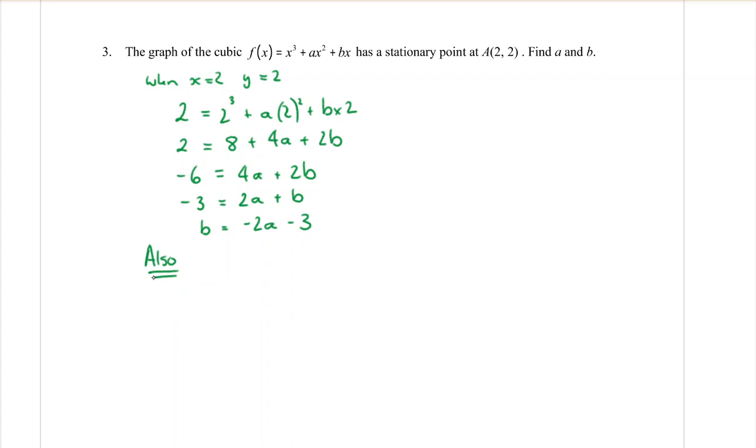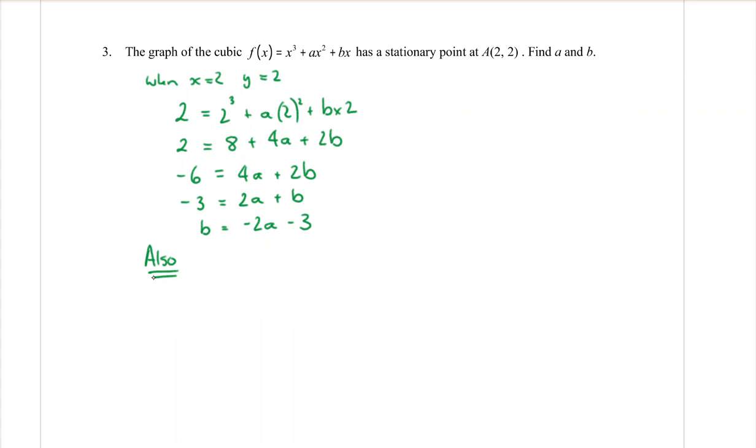Okay, all right. That is only one equation. If I'm hoping to solve this for a and b, I need a second equation that has both of those pronumerals in there, and that is going to come from the derivative part, because I know that I have a stationary point, which means the derivative will be 0 at that point 2, 2.